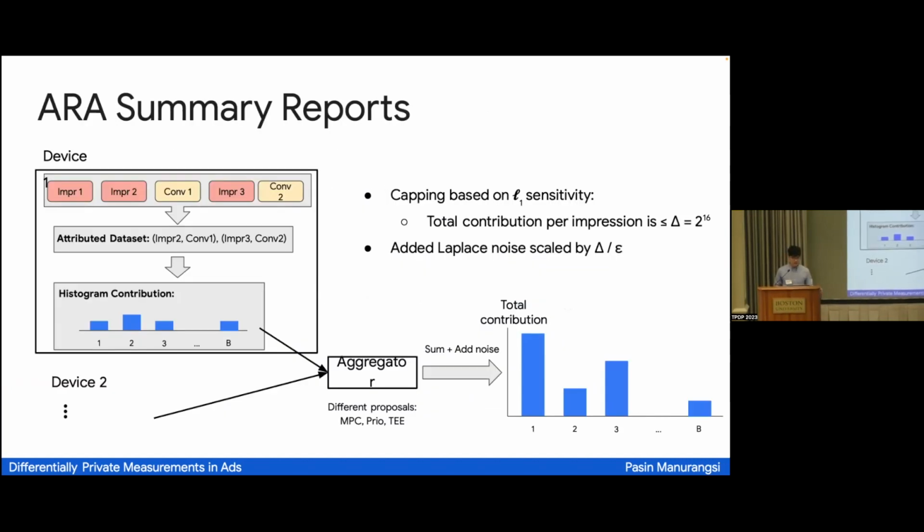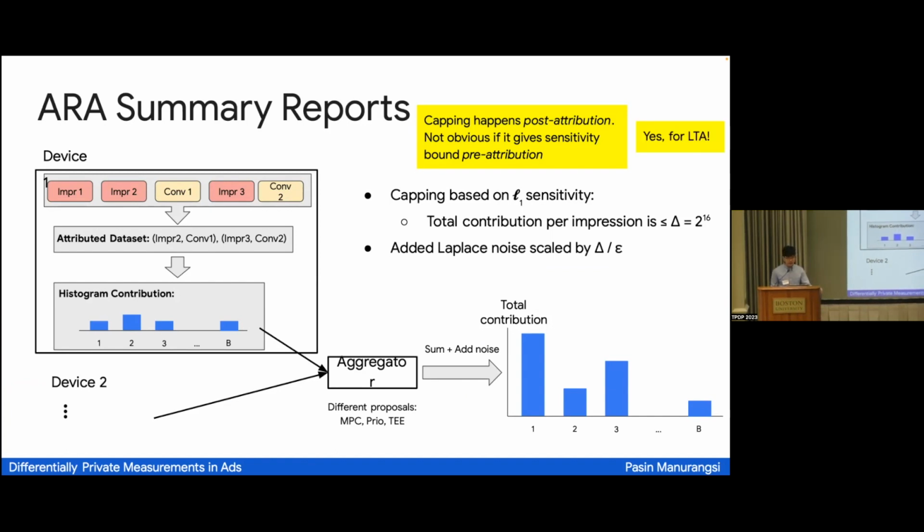The last subtlety that I want to discuss is regarding the capping. Notice that in the summary aggregate API, the capping is done per impression, but it is done after the attribution, whereas the protection that we want for DP is before the attribution, which is the actual user behavior. It turns out that this pre and post attribution capping can interact in very complicated ways.